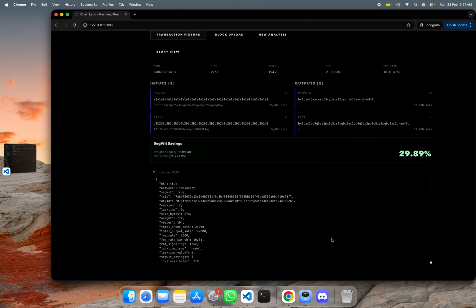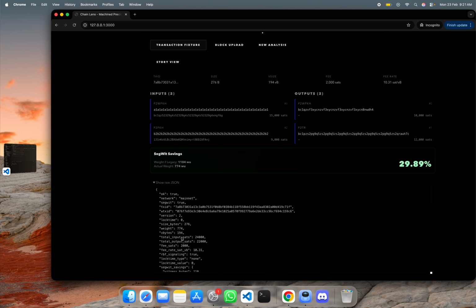And the script address, as you can see here, P2WPKH means pay to witness public key hash, a native SegWit bech32 output or input, where witness signatures live in the witness area. It reduces weight.